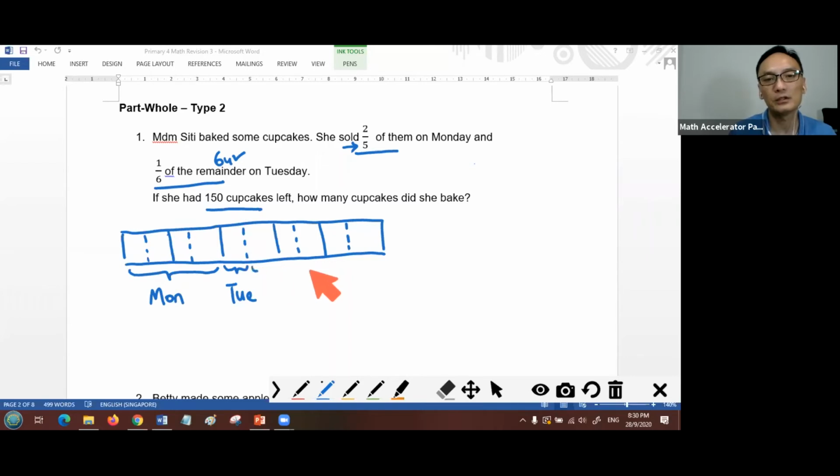So here to here is what's left, and it's 150 cupcakes. How many units represent 150? Let's check. 1, 2, 3, 4, 5. So we have 5 units equals to 150. Therefore, can you help me find the value of 1 unit?